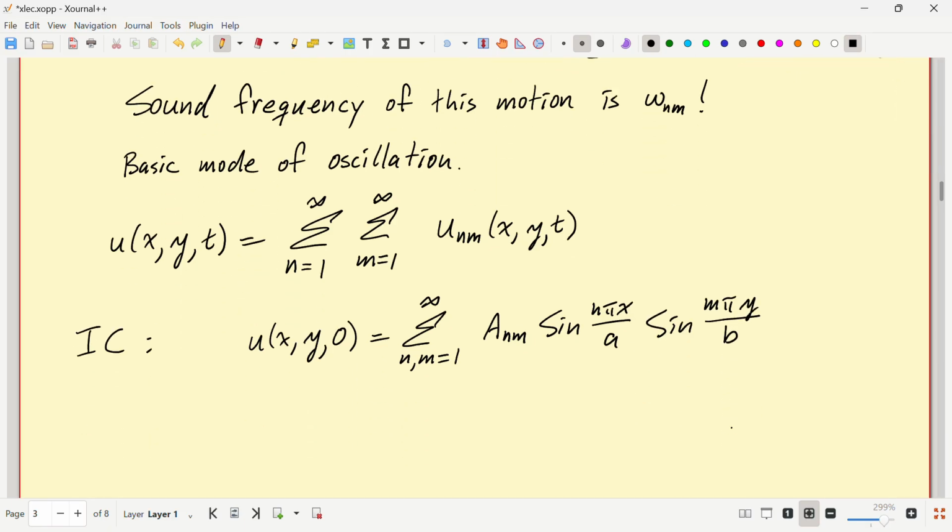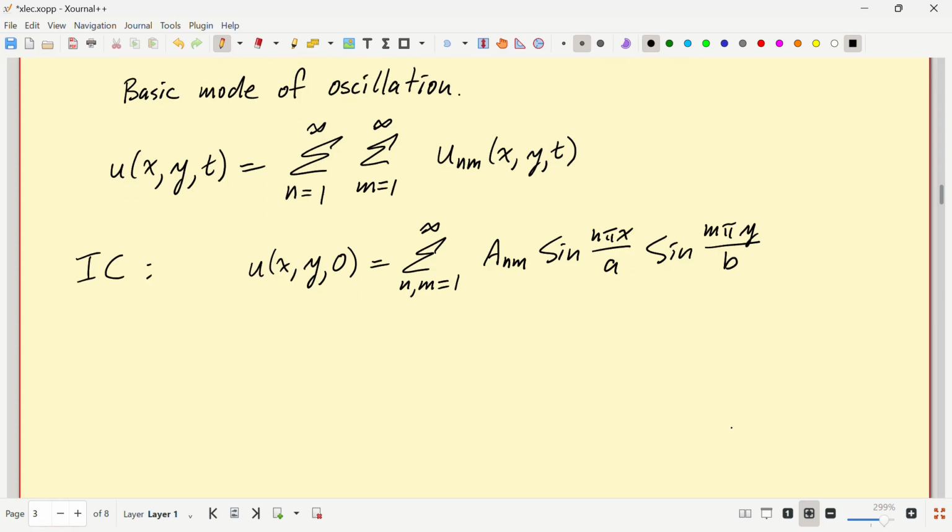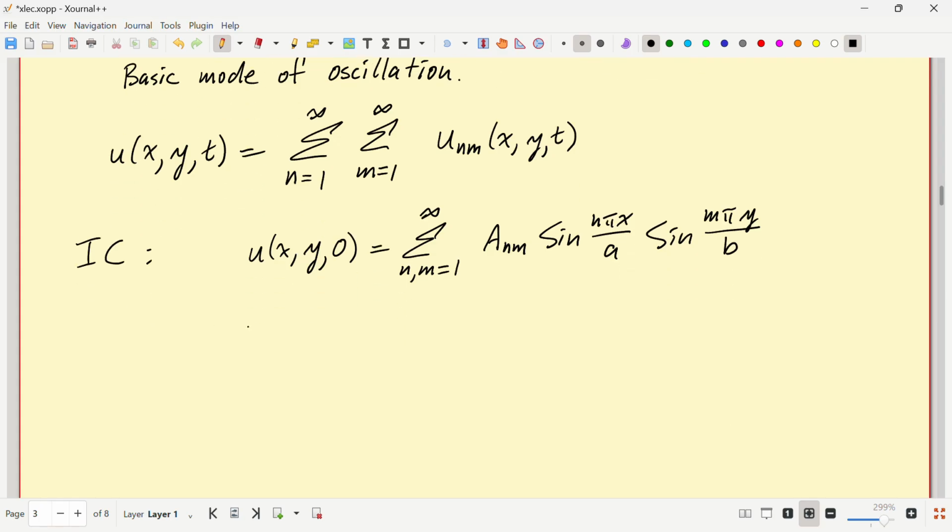That's a two-dimensional Fourier sine series. And it turns out that those functions are orthogonal when you integrate over the rectangle. You determine those coefficients by multiplying through by one of them.